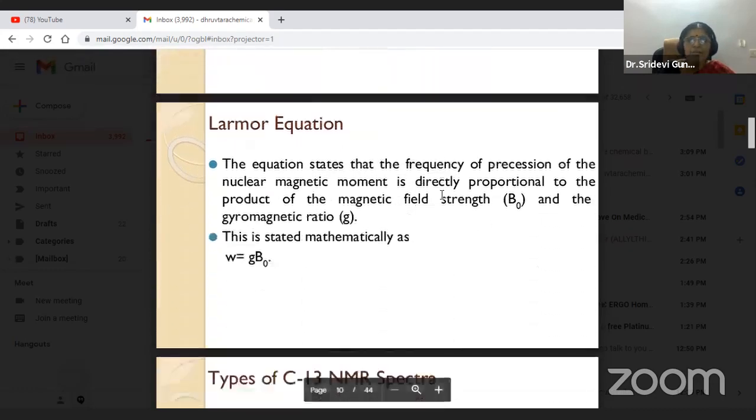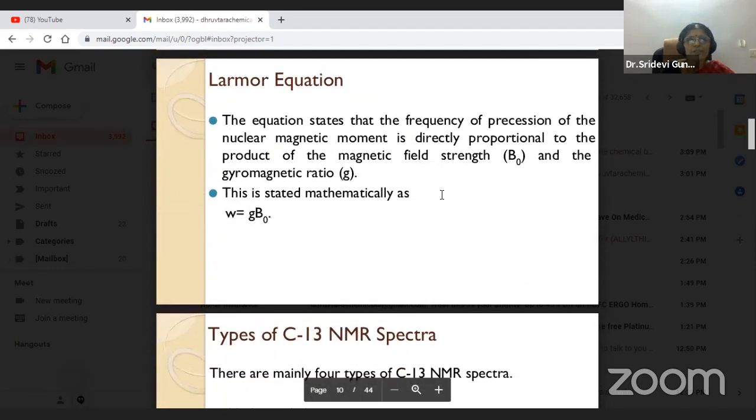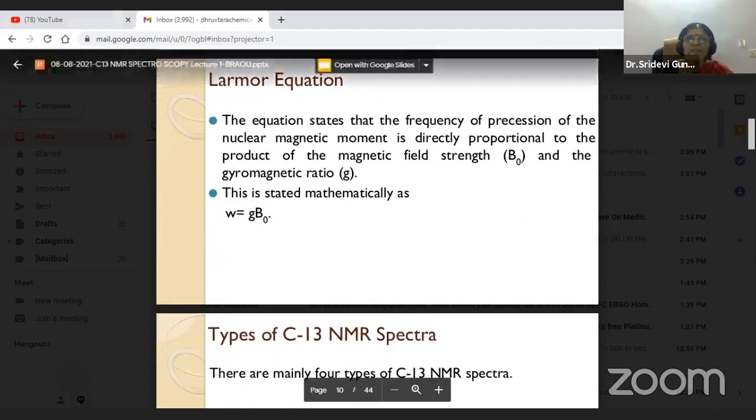So the NMR equation. What is the NMR equation? This also you have studied. This is the fundamental NMR equation. It states that the frequency of precession is directly proportional to the product of the magnetic field strength and the gyromagnetic ratio. The gyromagnetic ratio is specific to a specific nucleus. Carbon has one gyromagnetic ratio, and proton has a different gyromagnetic ratio.